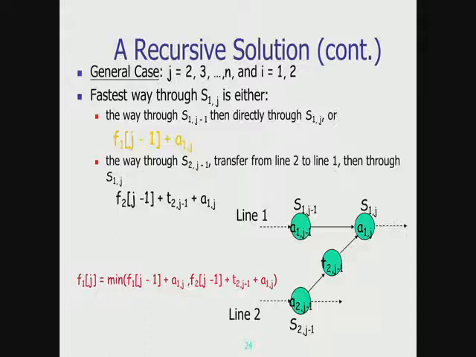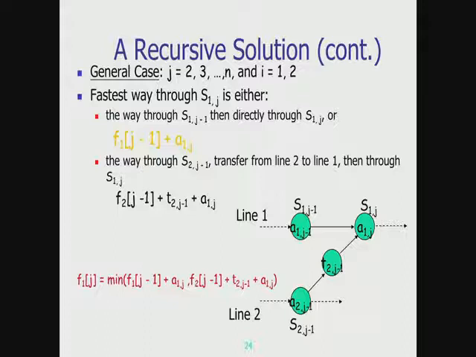The two possibilities are: use the fastest way to come to station j minus 1 on line 1, use the fastest way to cross station j minus 1 on line 1, and then be processed at station j on line 1, or use the fastest way to arrive at station j minus 1 on line 2, then transfer to line 1 and then get processed at station j on line 1.